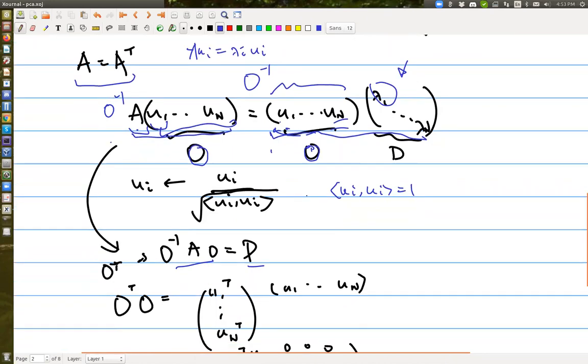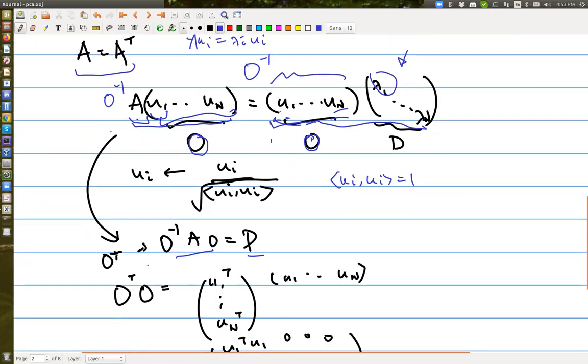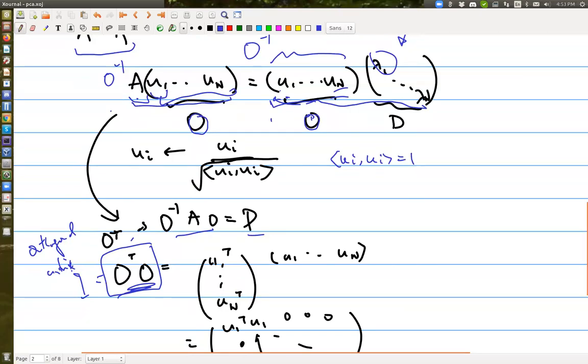And then I know that O is what is known as an orthogonal matrix. It is characterized by the property that O transpose O is equal to the identity. Think of O transpose: I have the columns U1 up to Un.